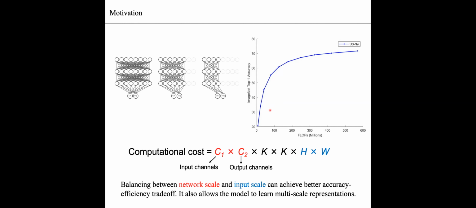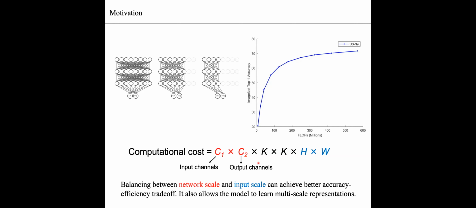But if we take a close look at how the computational cost is computed for one layer, it is actually determined by the network scale, that is the input channel and output channel, as well as the input scale, the height and width, for example your input image size, assuming we have a fixed size kernel k by k.